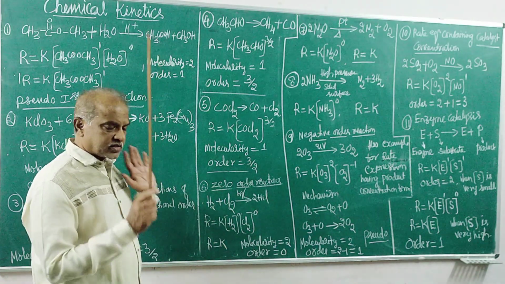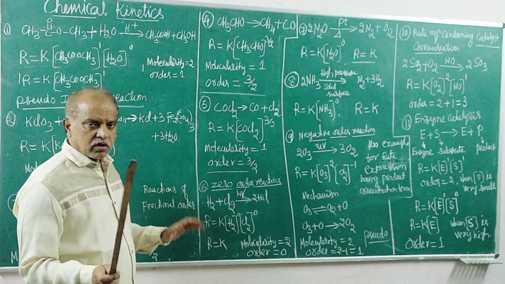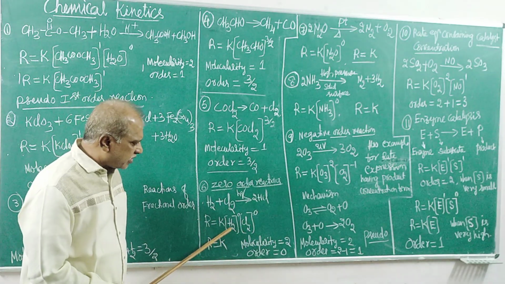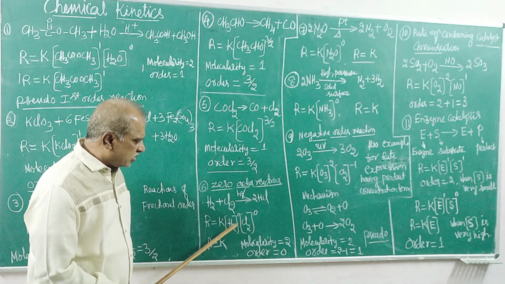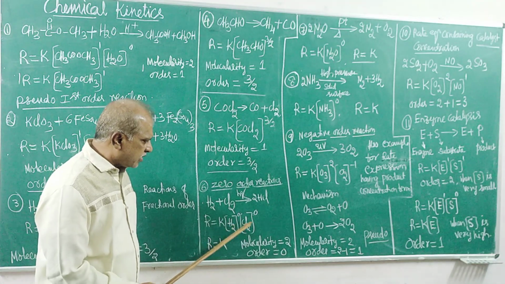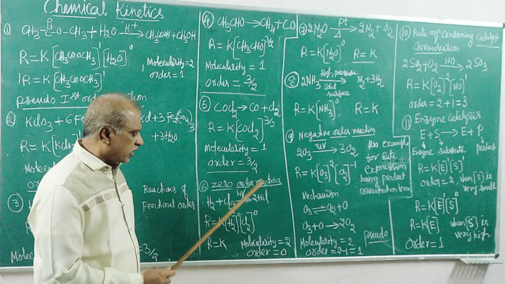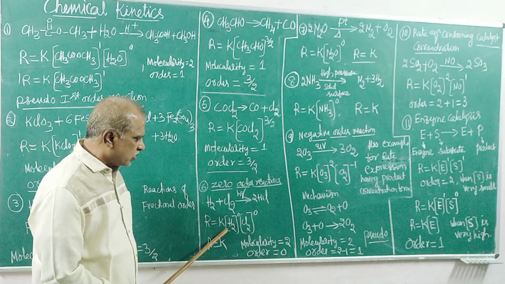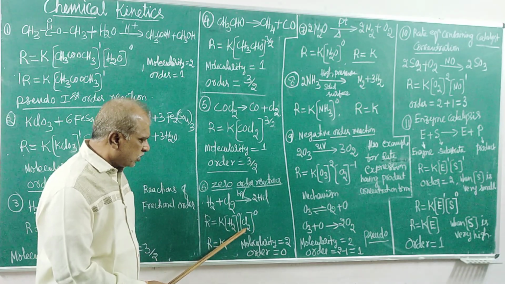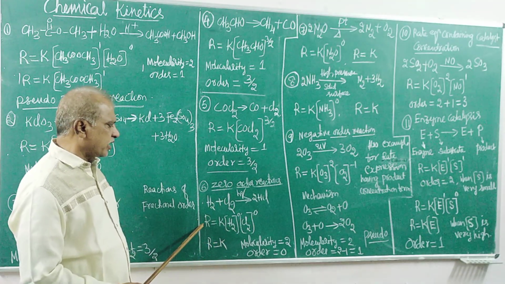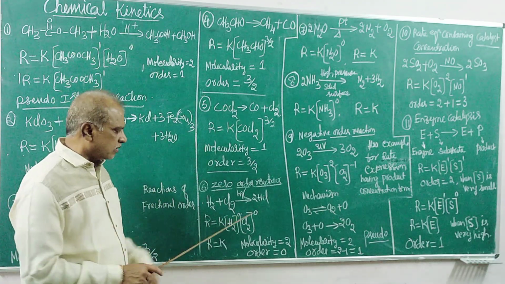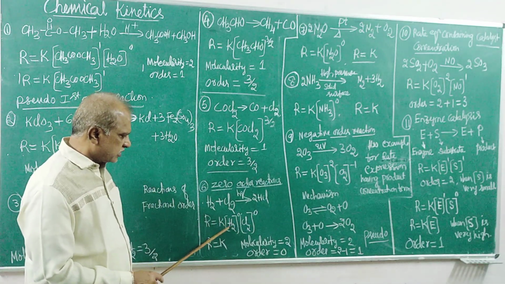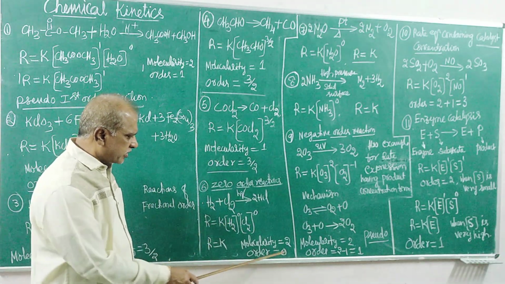Rate of reaction is always constant, no variation. So there is no effect of the concentration of either hydrogen or Cl2. Neither concentration of H2 nor concentration of Cl2 will have effect on the rate of reaction. Nil. So that is what it says, an overall zero order reaction.